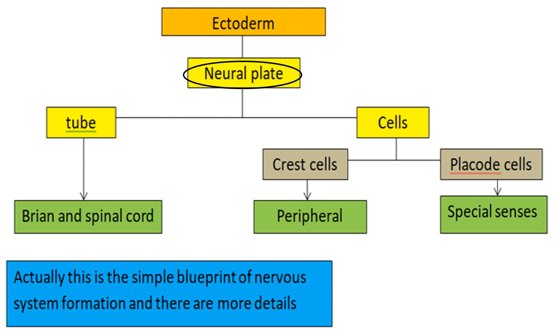The tube, which is called the neural tube, will form the brain and the spinal cord, where the cells are differentiated into two types: neural crest cells, which give the peripheral system mainly, and placode cells, which give the sensory organs of special senses. Then we can conclude that crest cells will serve mainly in the trunk and limbs, while placode cells will serve in the head.